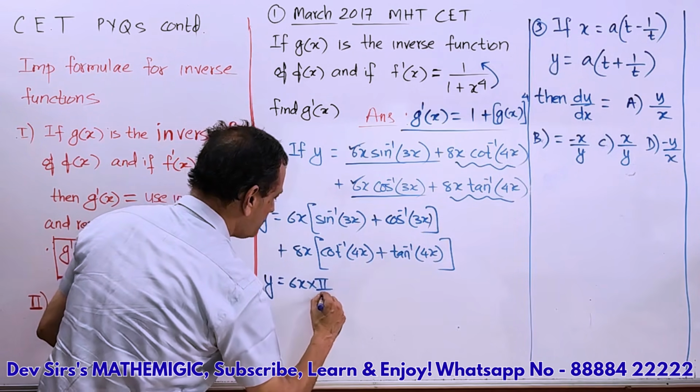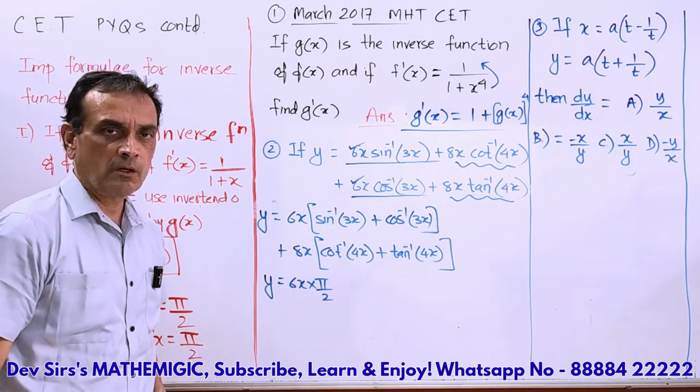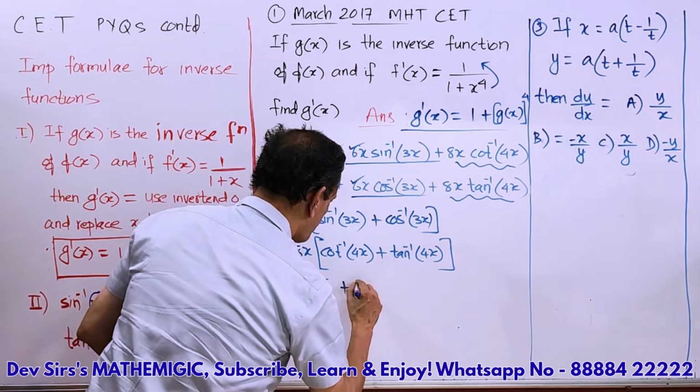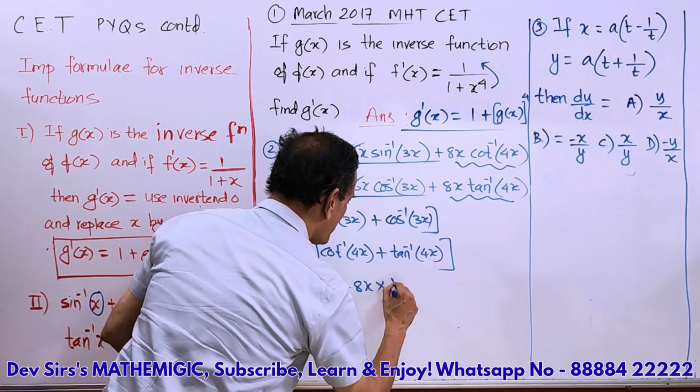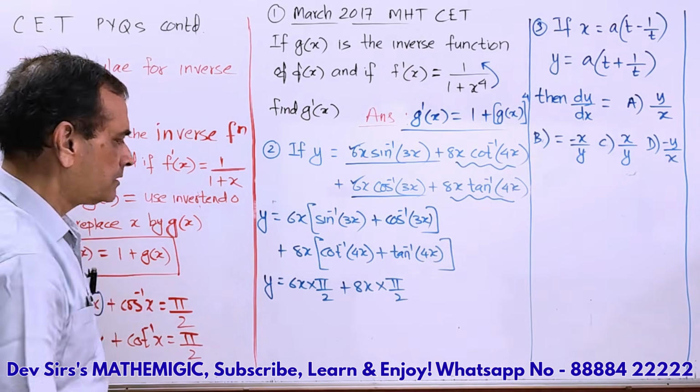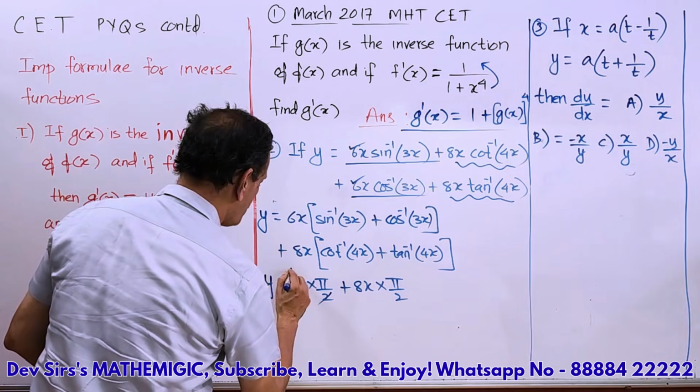6x into pi by 2. Okay, this pi by 2. 8x into pi by 2. 2 cancel करो.